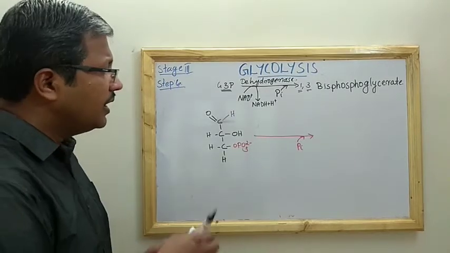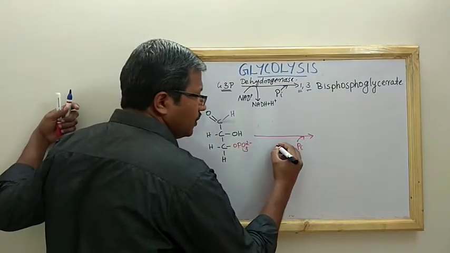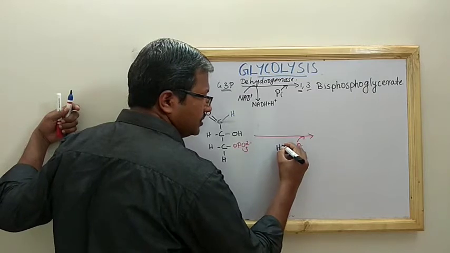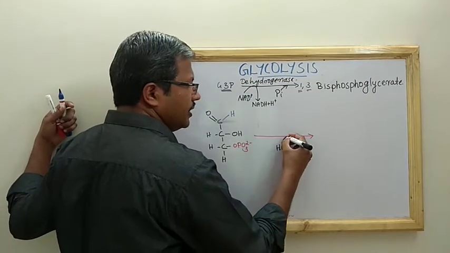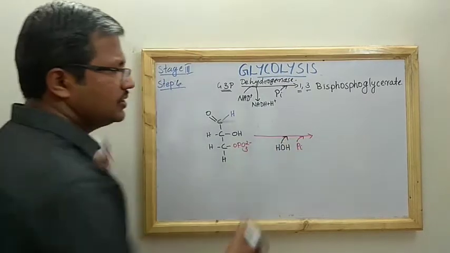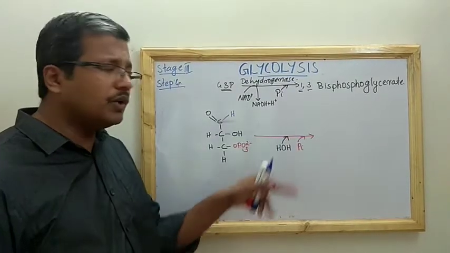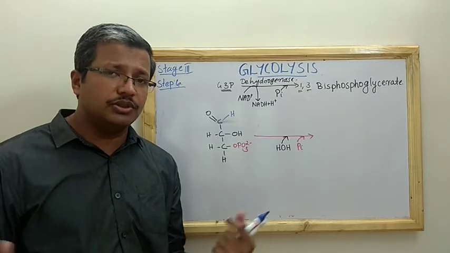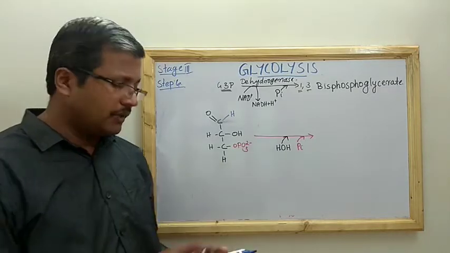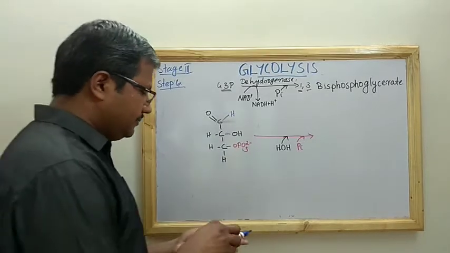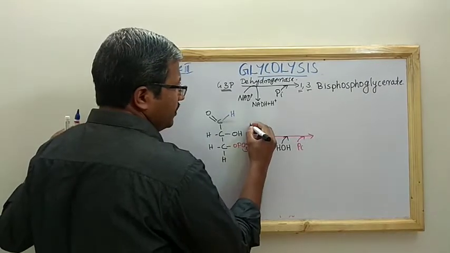In addition to that, we need one H2O also. So I'm just writing H2O in the form of HOH. Clear? This H2O is only to show you how the hydrogen and oxygen hydroxyl group are moving from water. Now NAD. So there will be NAD plus also.